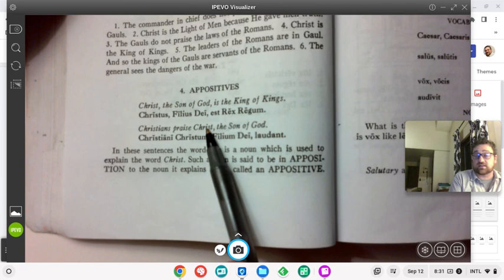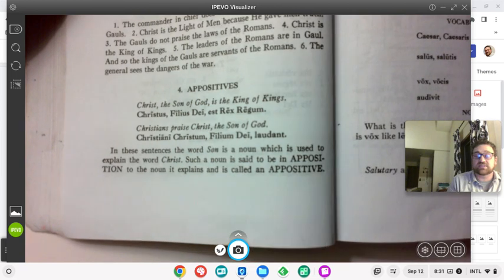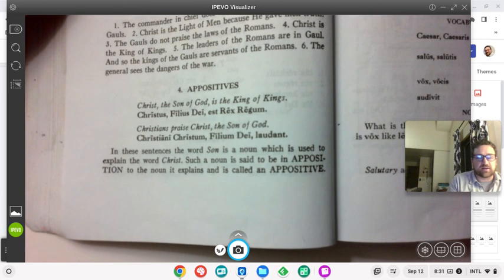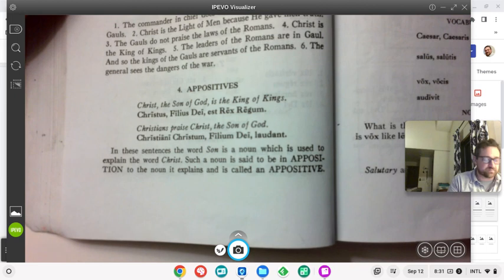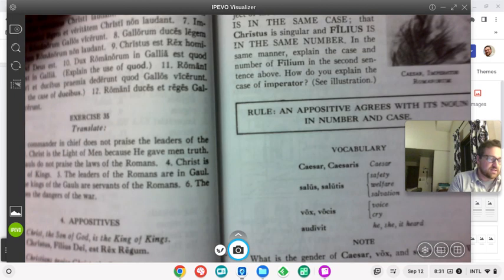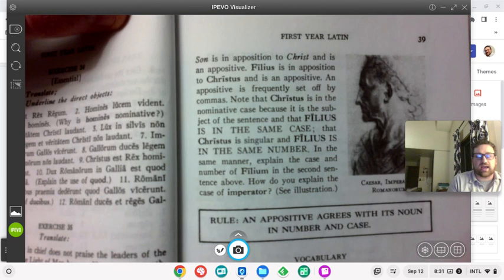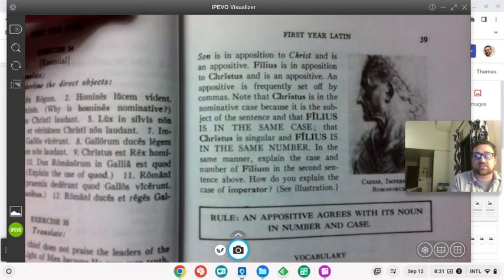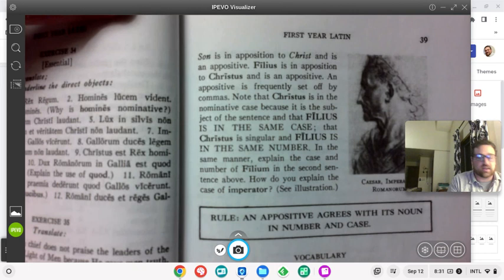Such a noun is said to be in apposition to the noun that it explains. So son is in apposition to Christ in both of these sentences. And this word is called an appositive. Son is in apposition to Christ and is an appositive. Filius is in apposition to Christus and is an appositive.